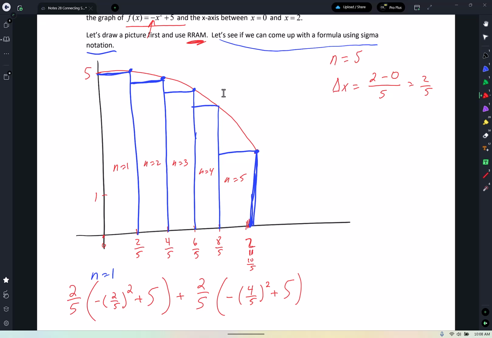I am doing width times height. The width of each one of these rectangles is how much? 2/5. And the height is determined by this curve, and that curve has a model of negative x squared plus 5. So how do I find the height of my first rectangle? N equals 1. Plug in what value for x?